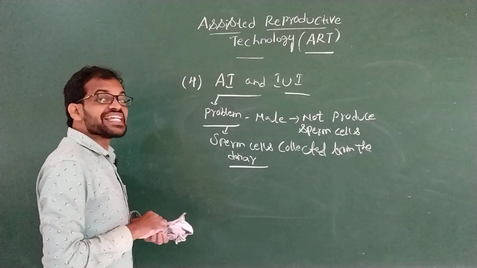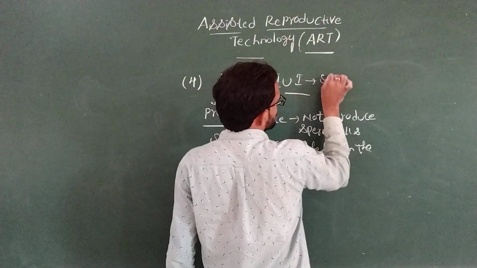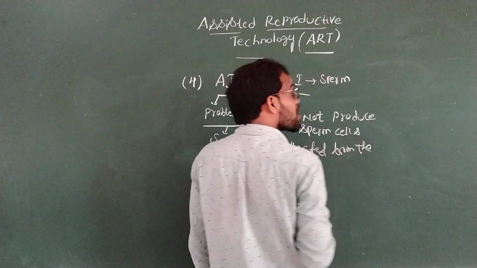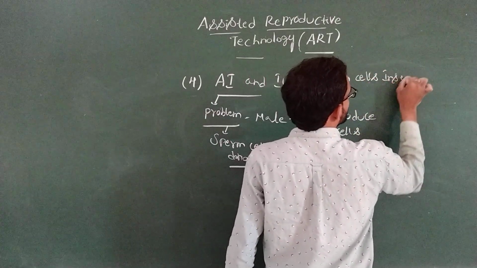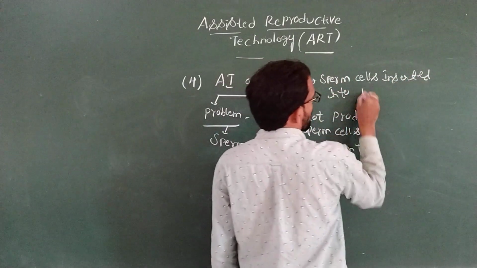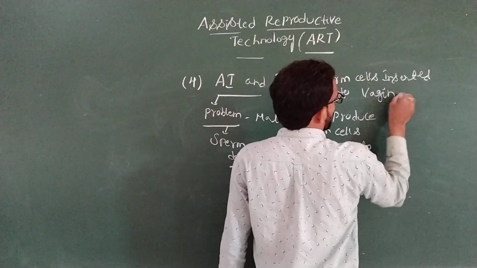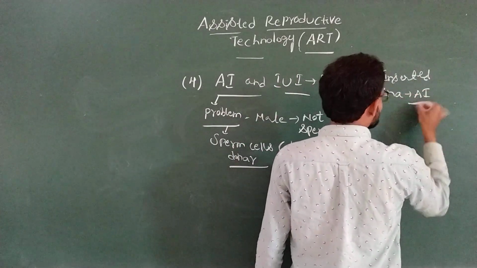These donor sperm cells are inserted into the vagina. This condition is known as artificial insemination.